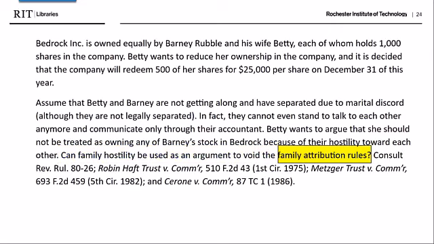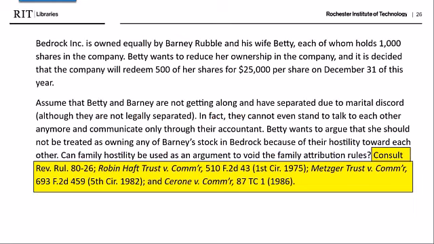Okay. So each one of the cases starts with a name versus a name. So Haft Trust versus Commissioner. I think it's the Commissioner of the IRS. And then we get a volume number, 510 F.2d 43.